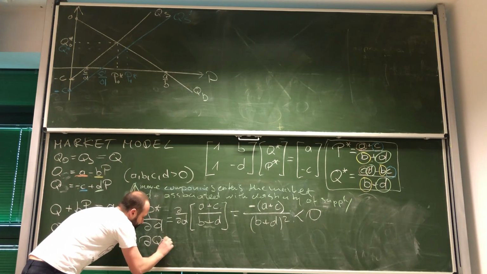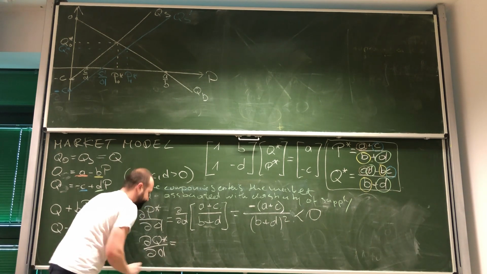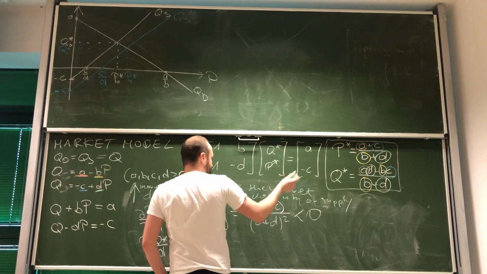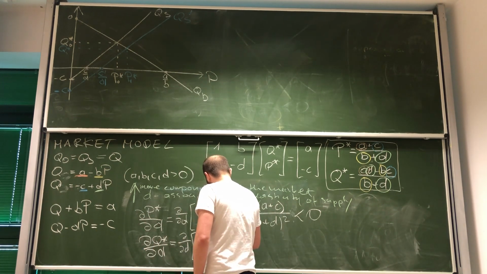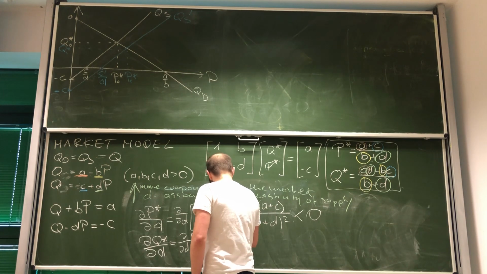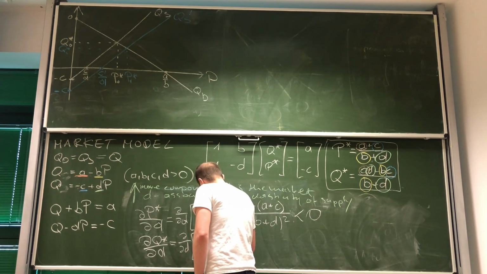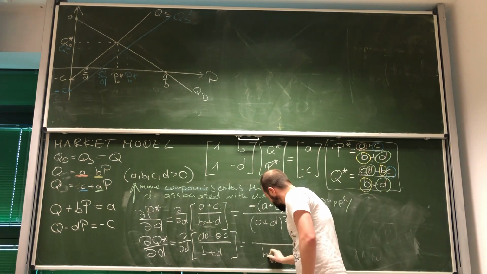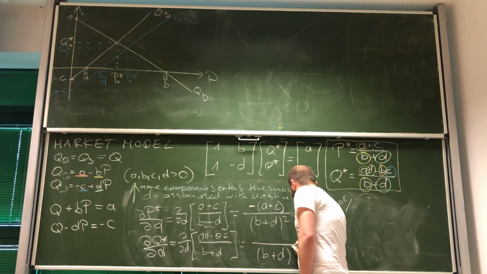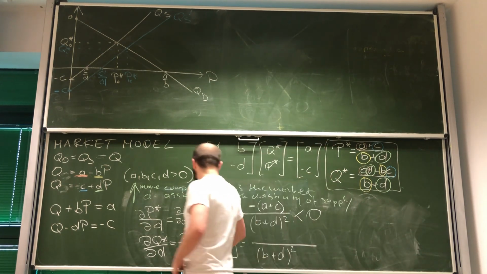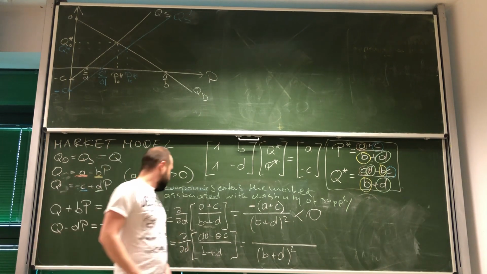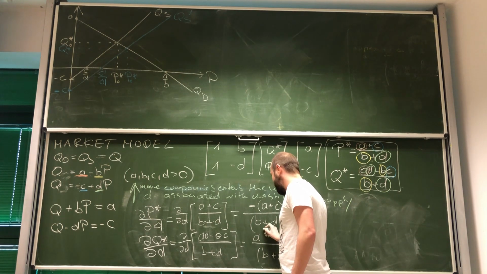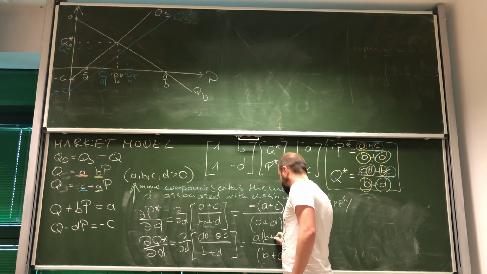Okay, then we do the same thing for quantity. We differentiate quantity (AD minus BC) over (B plus D). Again, we will have to resort to the quotient rule. And here D appears over here. So we've got A times (B plus D).